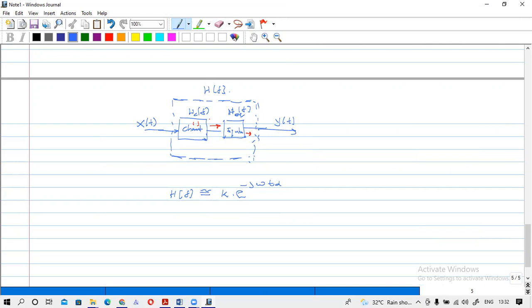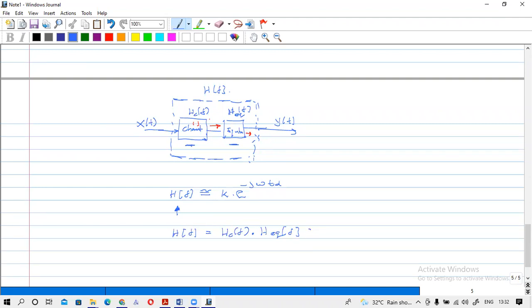We know that this total transfer function is generated through this channel and this equalizer. So it is a cascaded system. This H(f) can be written as H_C(f), the channel transfer function, times the equalizer transfer function, like this.